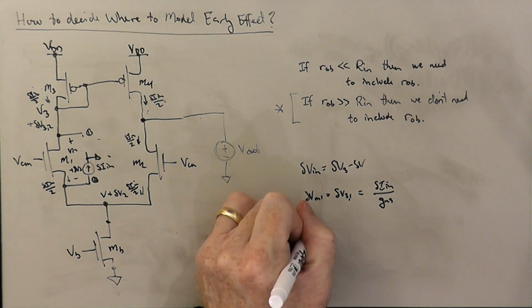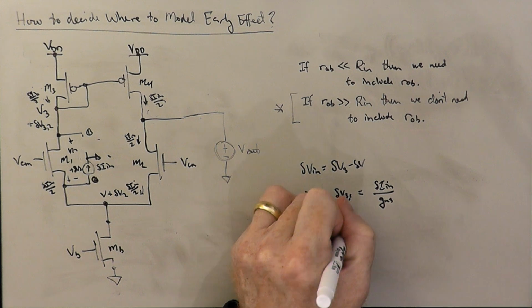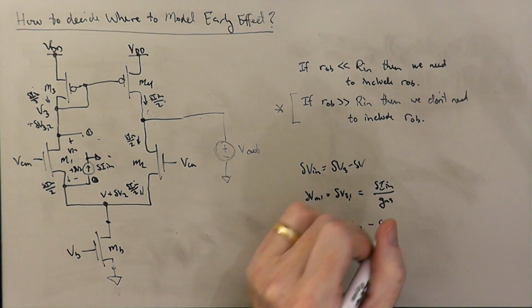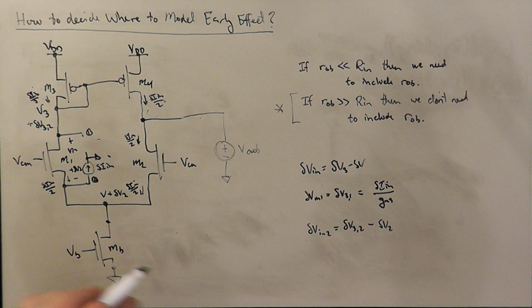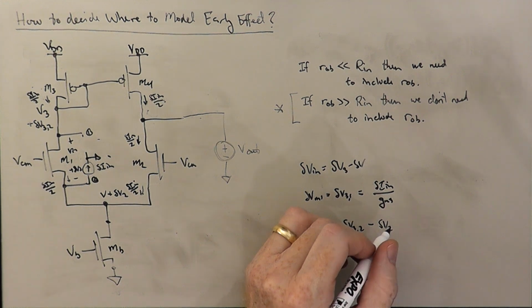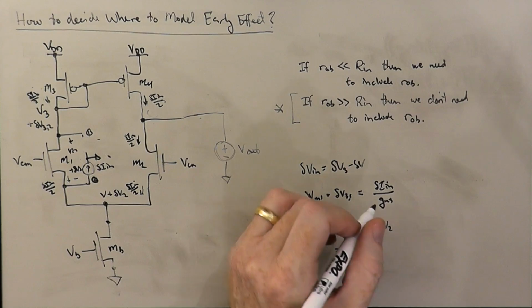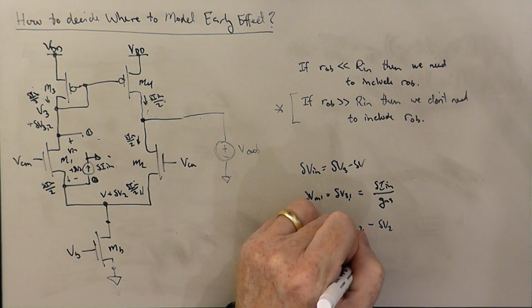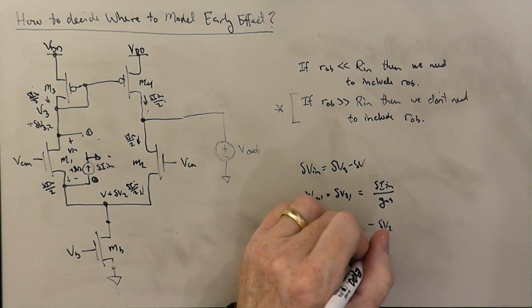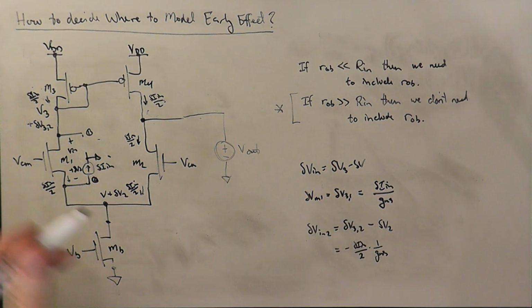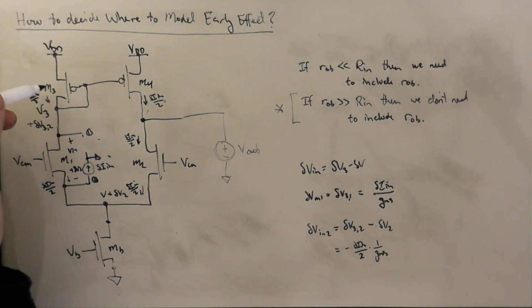But delta V in 2 is going to be delta V32 minus delta V2. Delta V32 is going to be basically minus delta IN over 2 times 1 over GM3. It's going to go down to let more current flow in here.